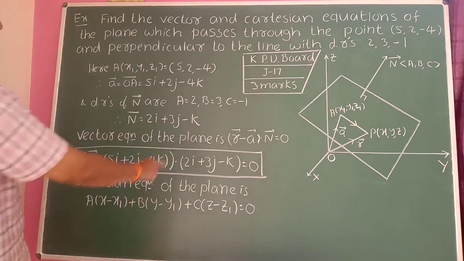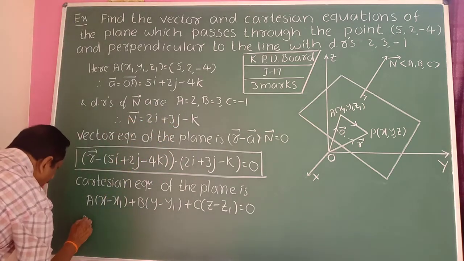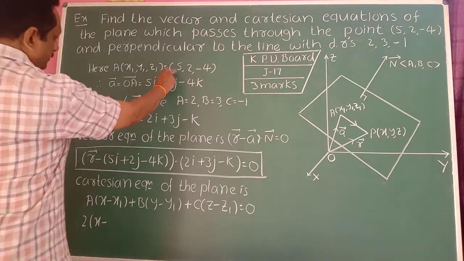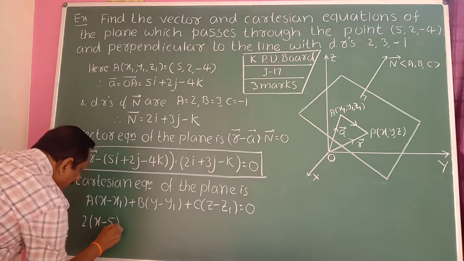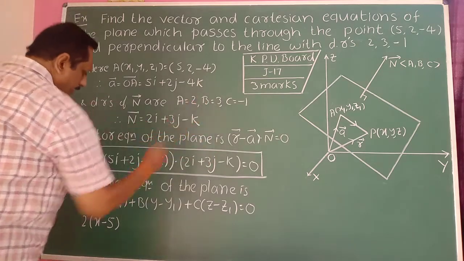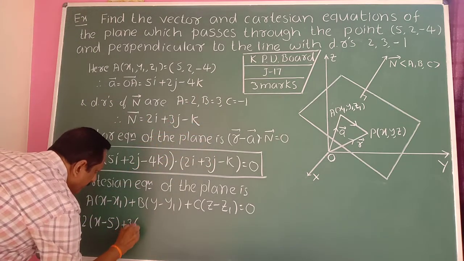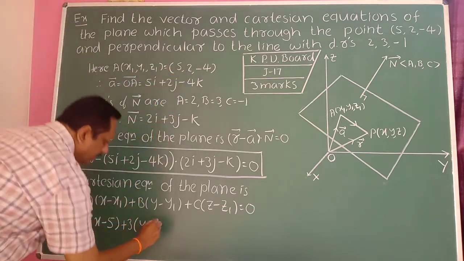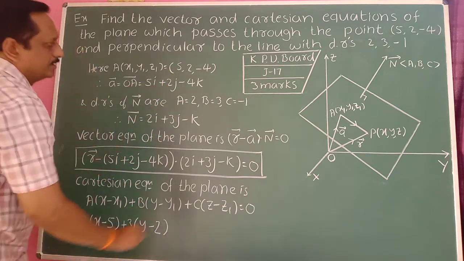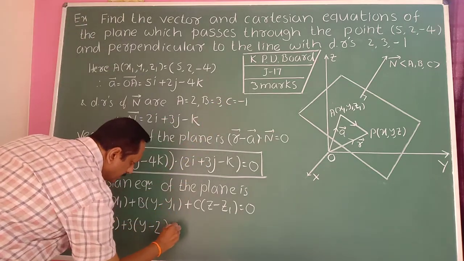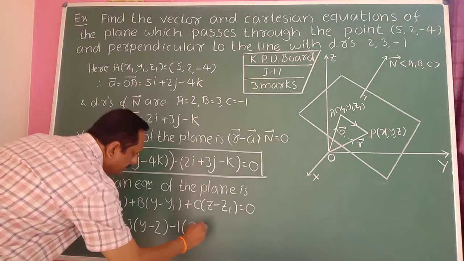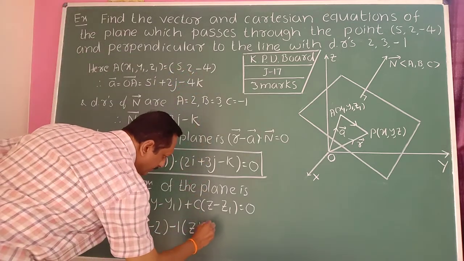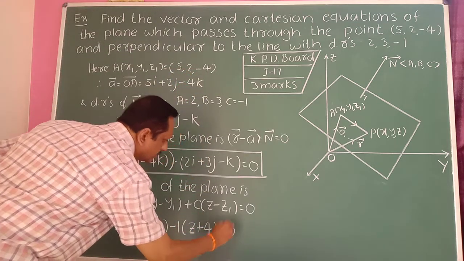Here a value is 2, so 2 into (x − x1), x1 is 5, so write 5. Then the b value is 3, so plus 3 into (y − y1), y1 is 2, so write 2. Then the c value is −1, so −1 into (z − z1), z1 is −4, so minus of minus becomes plus 4, that is equal to 0.